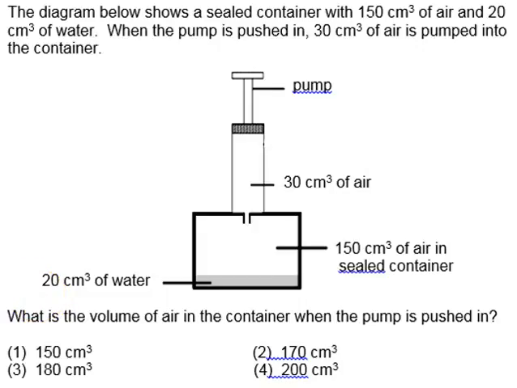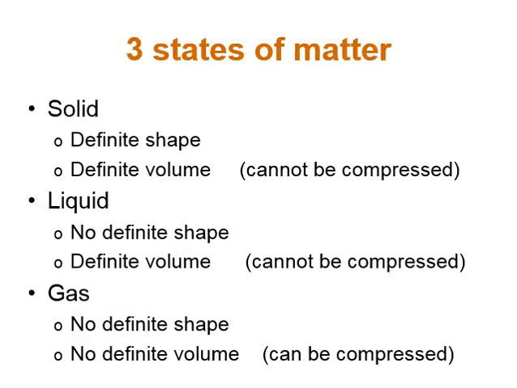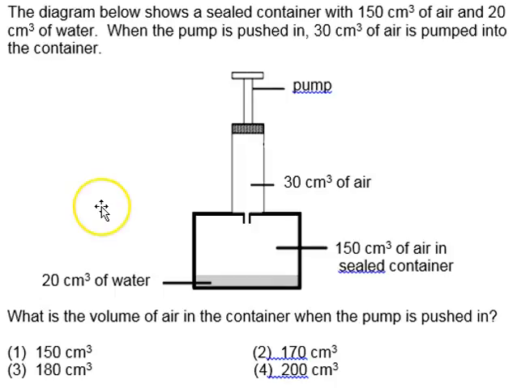Alright, so again, please remember this. Learn how to apply this to questions like this. It is not important to see the amount of air that is being pumped in because the amount of air in the container depends on the available space left in the container.